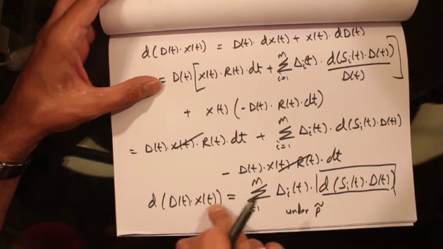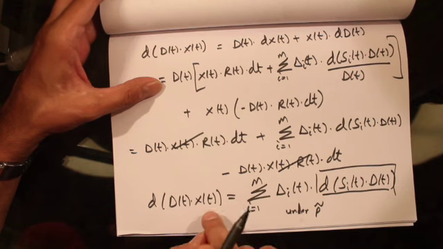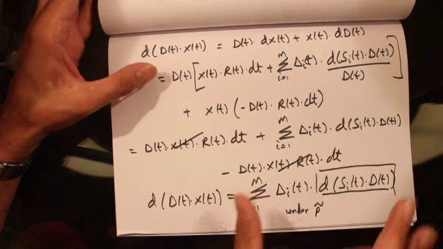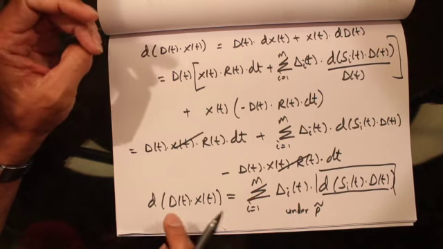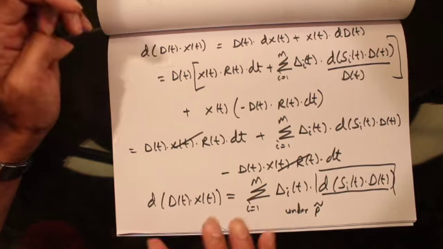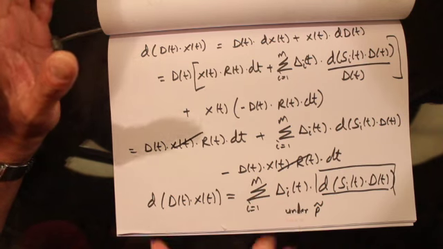Hence, the discounted value of the portfolio process is also a martingale under P tilde. So that's another result to keep in mind.